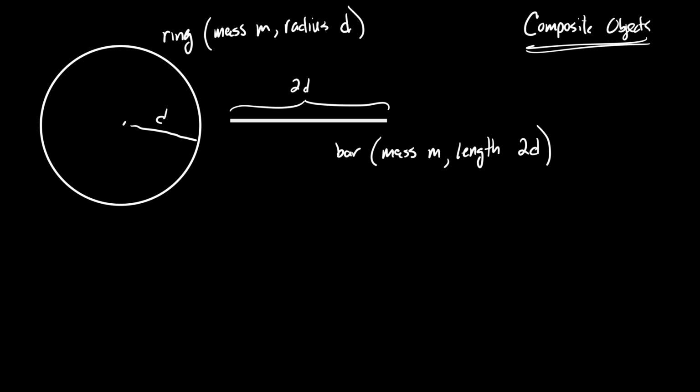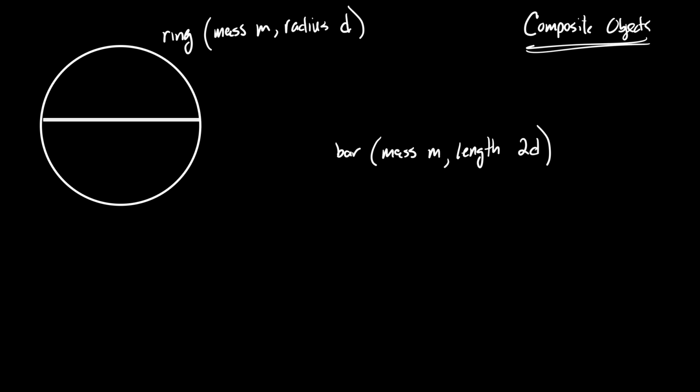Because each of these two objects has its own independent moment of inertia. We know that the bar is 1/12 ml squared about its center. That's the moment of inertia of a bar. And a ring is mr squared, as long as it's being rotated about its center. But what we're going to do is create a composite object. We're going to take the bar and use it as a spoke for the ring.